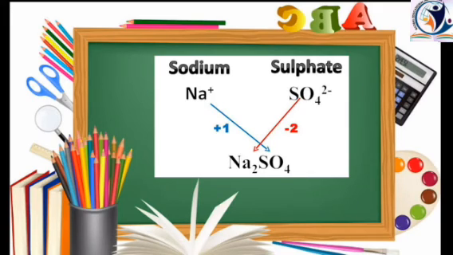So sodium will be multiplied by 2 and sulfate will be multiplied by 1, and we are getting the formula as Na2SO4 for sodium sulfate. Now here don't make a mistake, 4 and 2 are not the subscripts for individual things, because sulfate is itself a whole radical. So don't think of it as separate elements. To avoid confusion, write the whole radical inside a bracket.